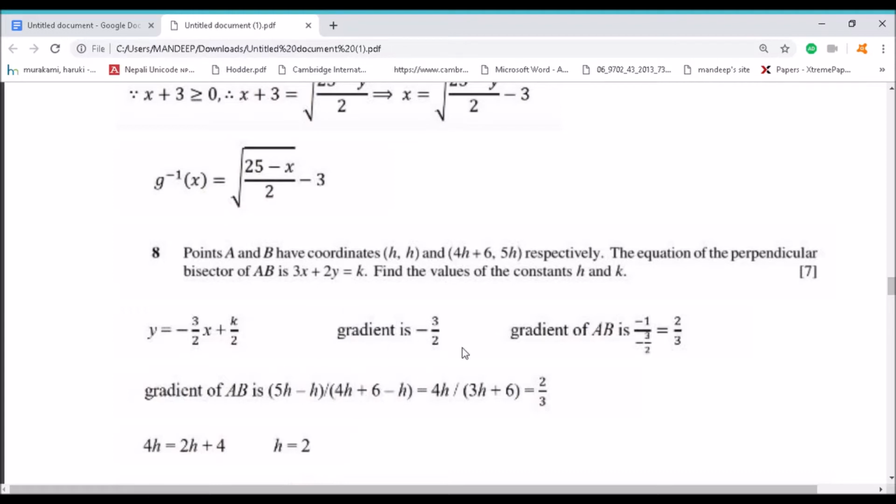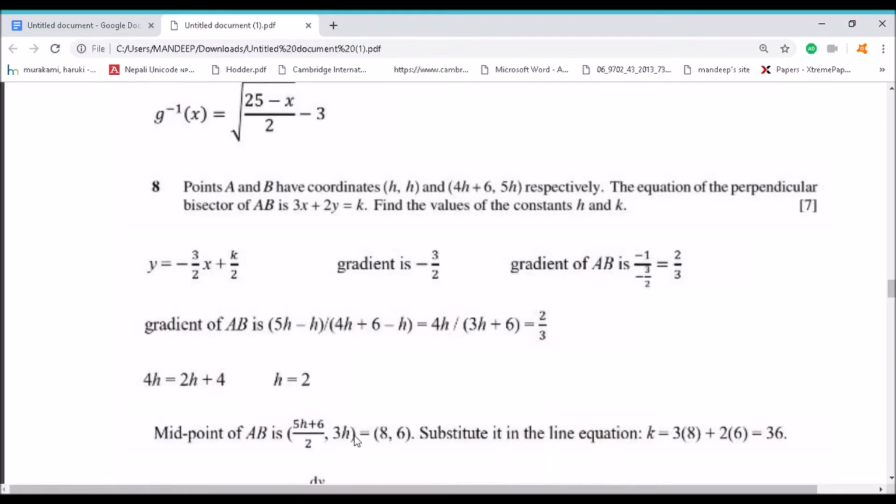So m1 times m2 should be equal to minus 1. So minus 3 over 2 goes to the other side, so it becomes 2 over 3. So the gradient of AB is 2 over 3. We can use 2 points to calculate the gradient of AB in the form of h. So it will be (5h minus 8) divided by (3h plus 6) equals 2 over 3. So we solve and we get h equals 2.